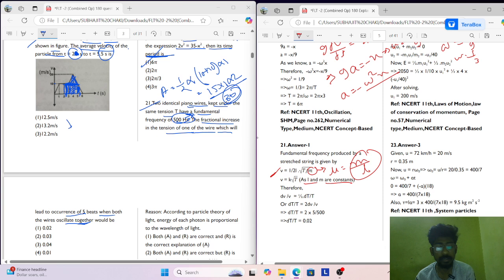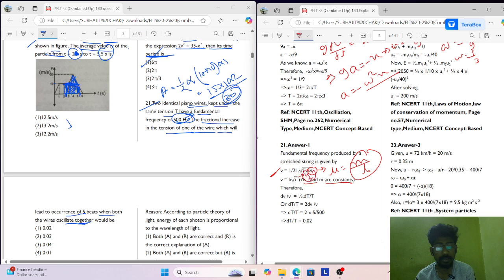Sorry, this is L. This is constant, so we are taking it out. So dv by v will be half of dT by T, because T to the power half is there, minus 1 is the power half.